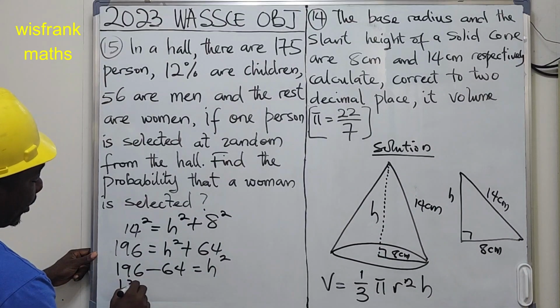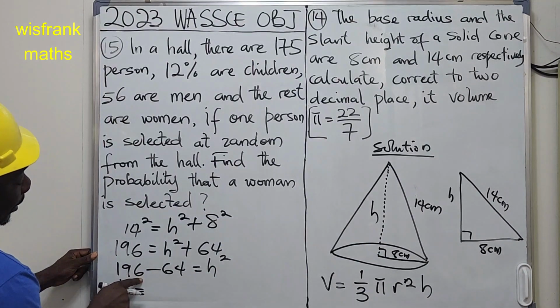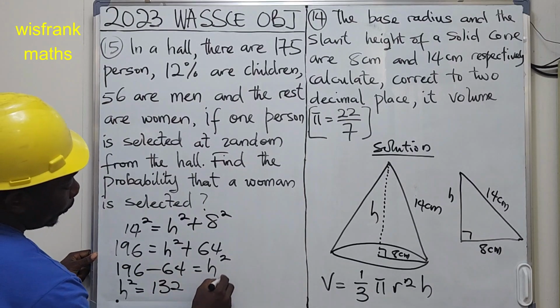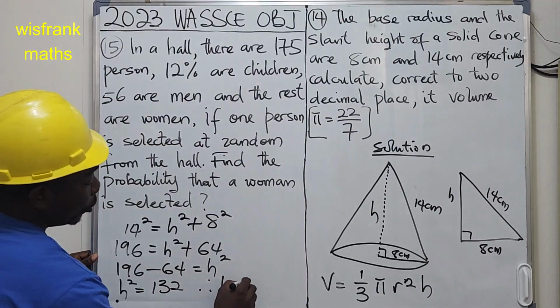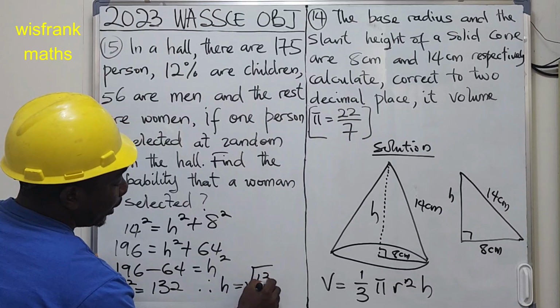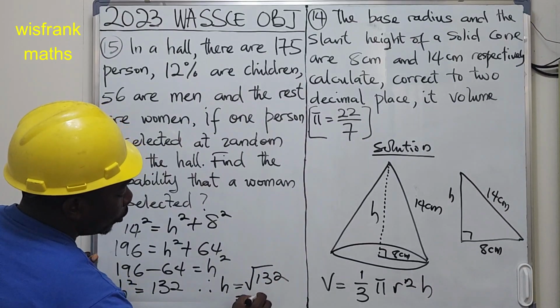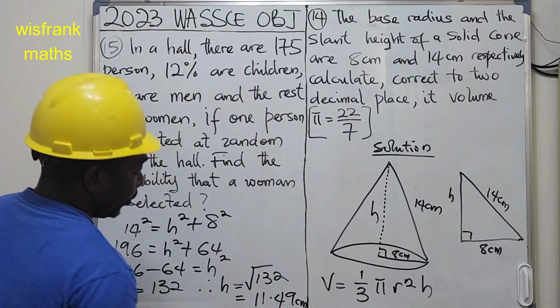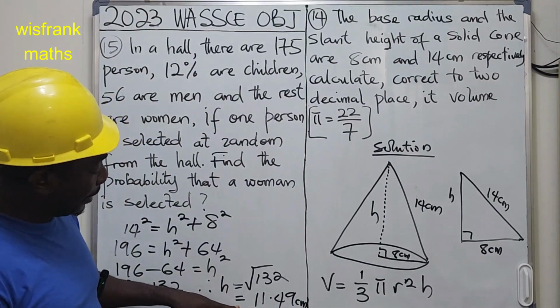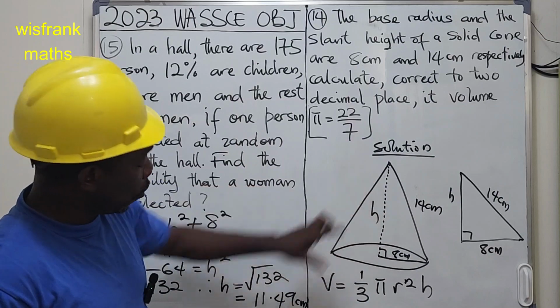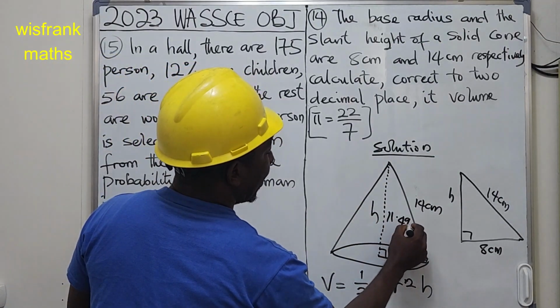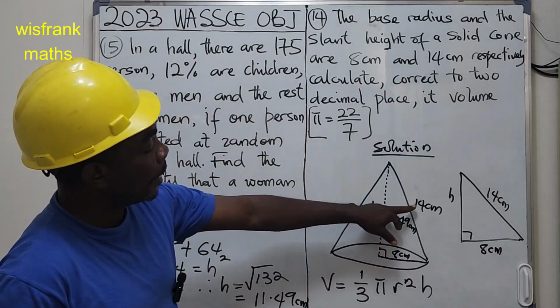Therefore, h squared equals 132. Therefore, h equals the square root of 132, which is 11.49 cm. So we have the height of this cone as 11.49 cm, and the slant height is 14.